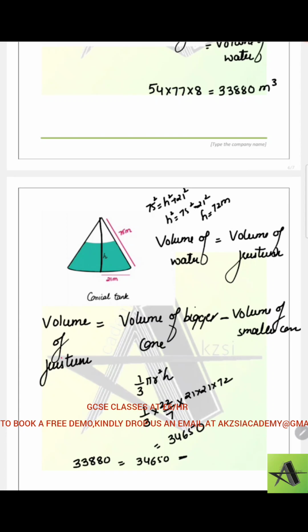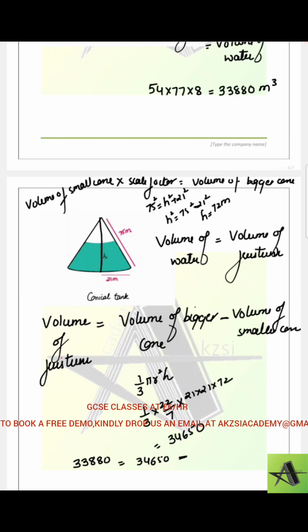And for the volume of the smaller cone, we know that they are similar, so there is a factor called the volume scale factor, which I just explained. Then volume of small cone times volume scale factor is equal to volume of bigger cone. That means volume of small cone is volume of big cone divided by volume scale factor.